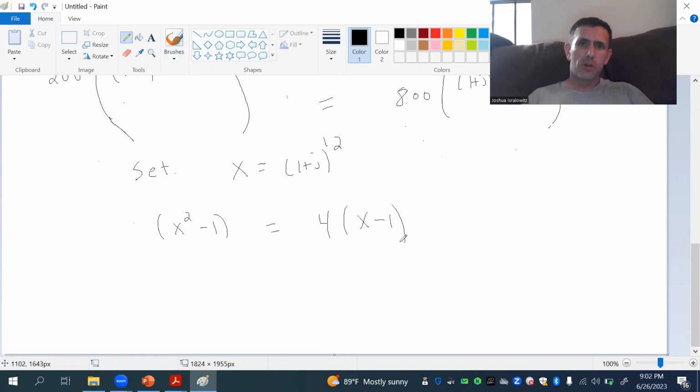All right, so this of course is just 4x minus 4. So this is x squared minus 4x. Just subtract 4x to subtract the right-hand side.